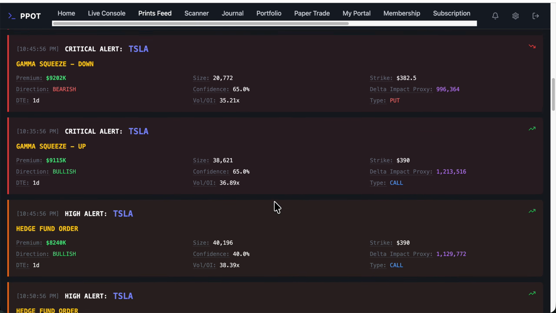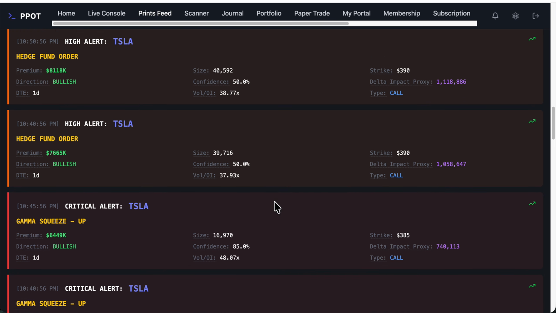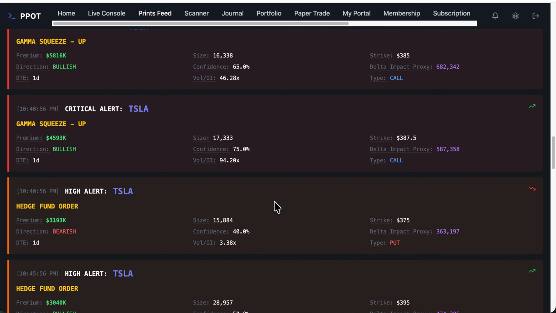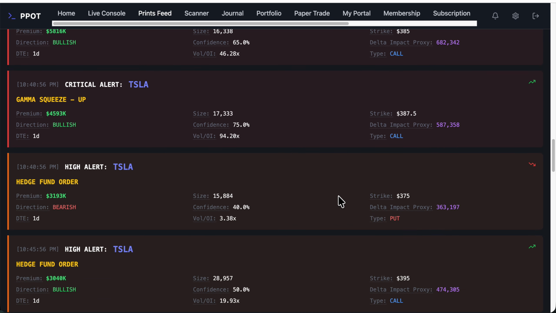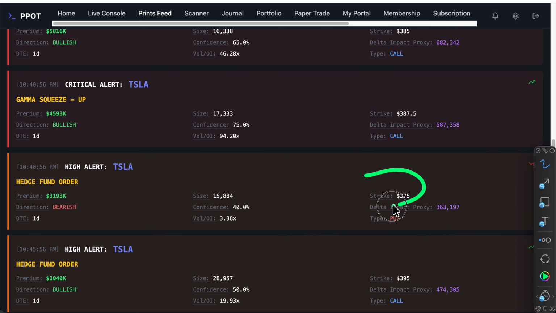So let's come down here, see if we can find a 375 put because it flashed before, and it is right here. So it's a 375 strike, so 1 day to expiration, which is the one bearish. You can see right here, hedge fund order. Like you'll never get this information anywhere else. So what does that tell you?